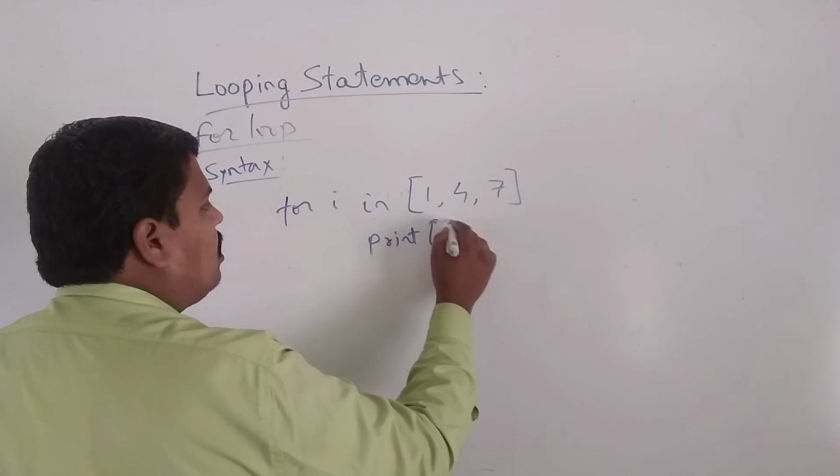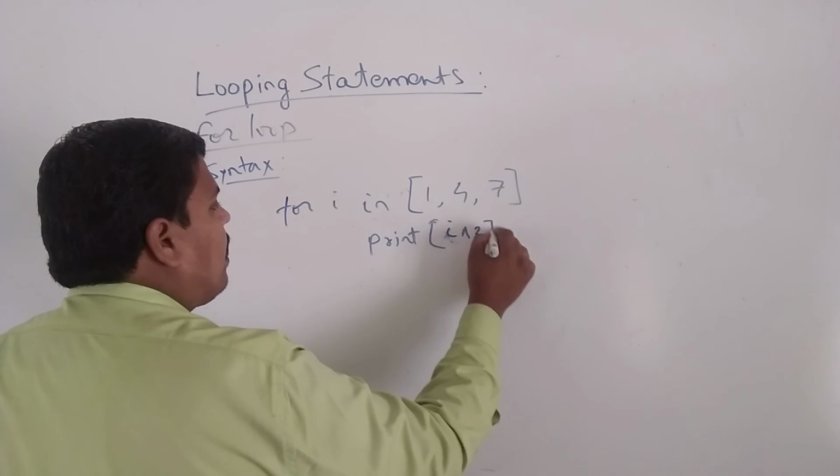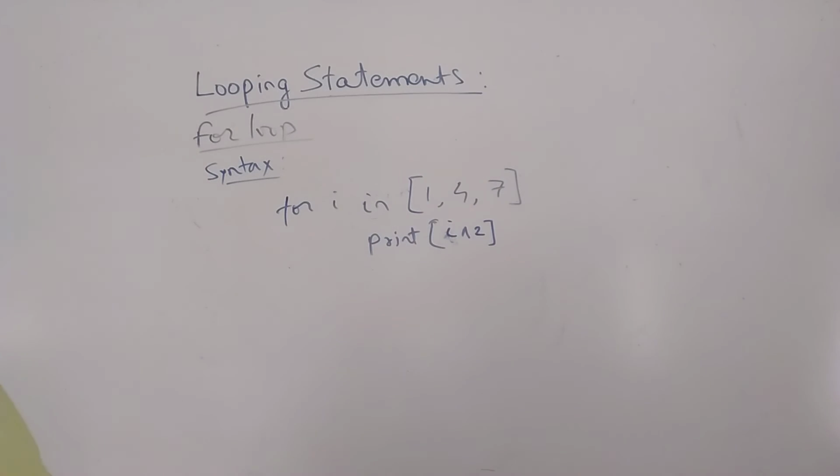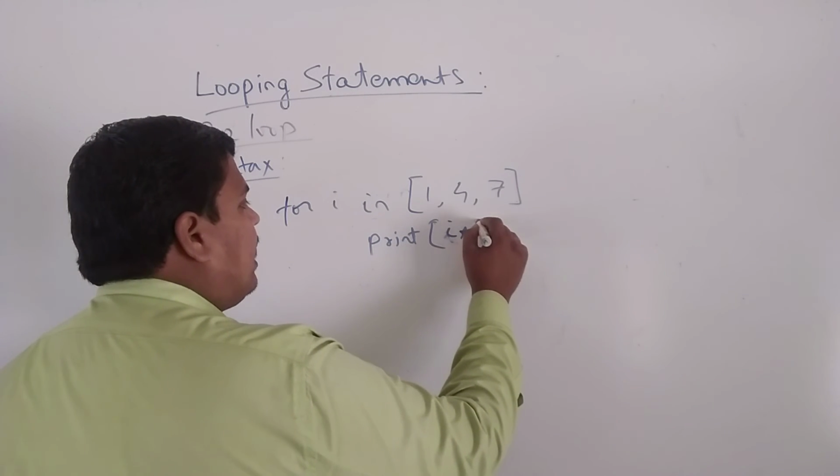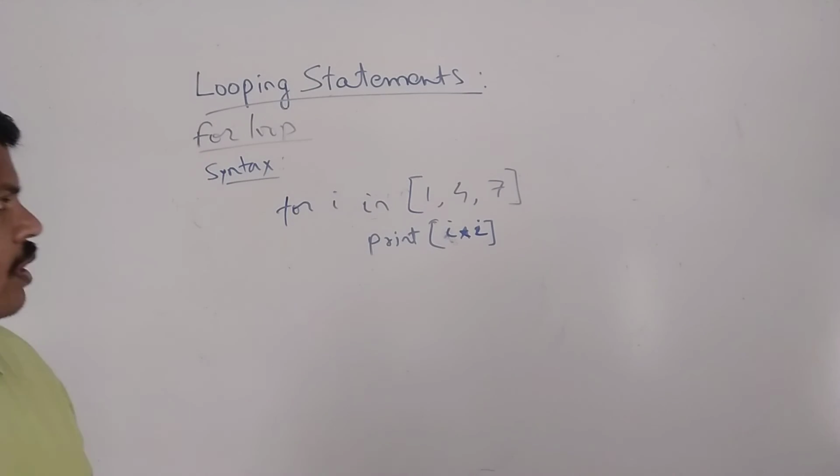So what will be the code? Like this. See, i square, or you can write i into i. You can write i into i also.